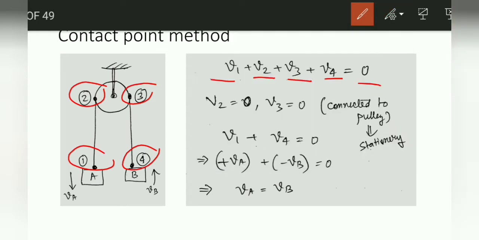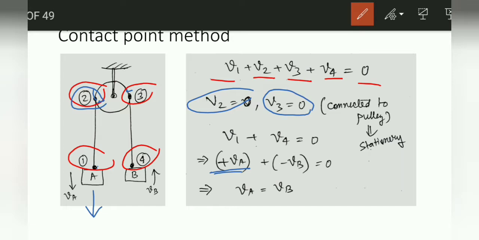Now see this V1. This A is moving downward, let's say, as given. So it is increasing, and V1 I can write as plus VA. See, V2 is connected to the pulley and this contact point is not moving anywhere, so V2 will be 0. And same for V3, this contact point is not moving anywhere, so V3 will be 0.